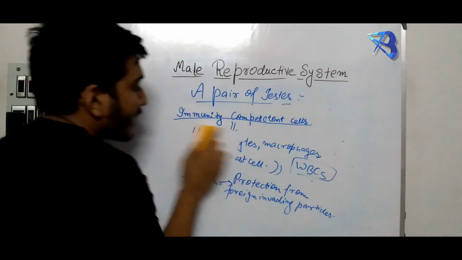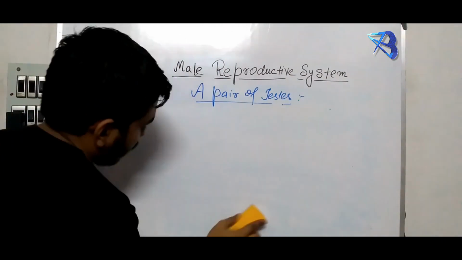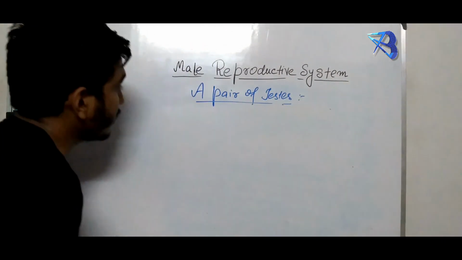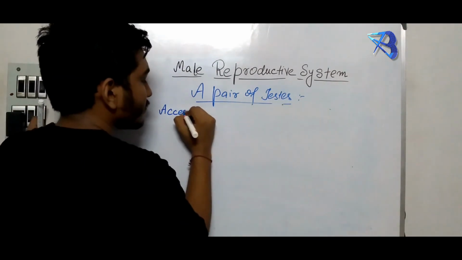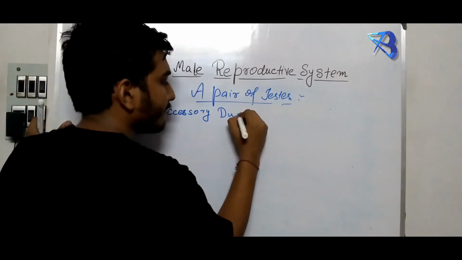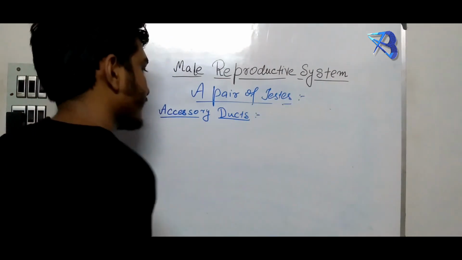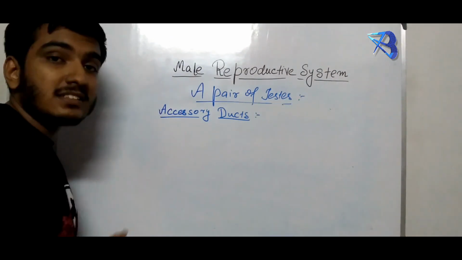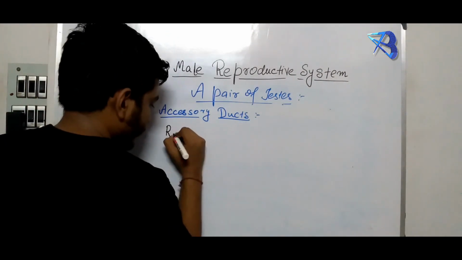Now let's come to the accessory ducts. I will give you a flow chart here. Through the flow chart, I will make you understand. Accessory ducts. First is the rete testis.